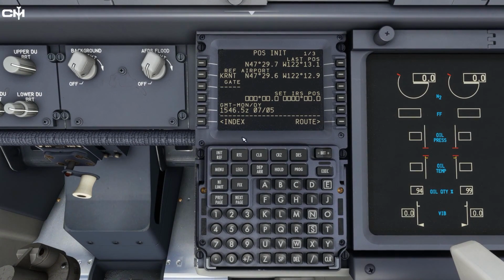Now here's where it becomes an issue. Any subsequent entry must also pass or override the comparison. So in other words, a subsequent entry of correct data passes the comparison test. If I enter this or this in here, they're both within 1 degree, it will pass the test.